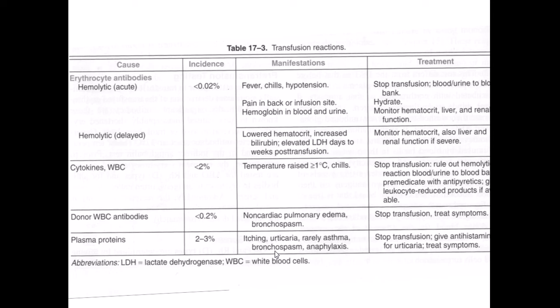If the patient starts itching and so on, that means they developed allergies to the foreign plasma. Rarely they develop asthma, for example, could develop bronchospasm, and rarely develop anaphylaxis. In any case, we have to stop the transfusion, and we have to give antihistamines, and sometimes steroids for the urticaria, and we treat the symptoms.